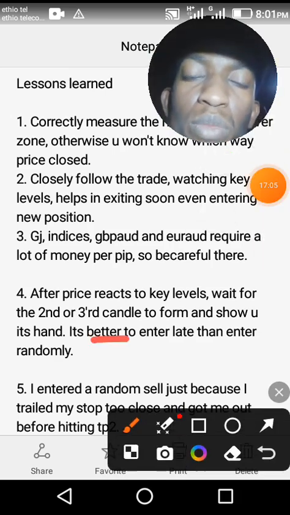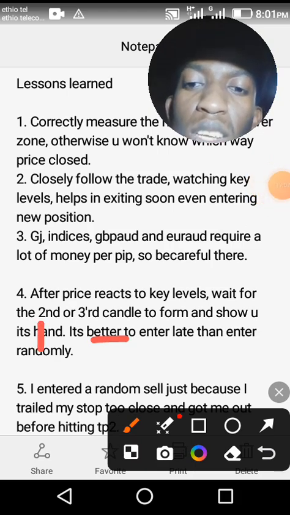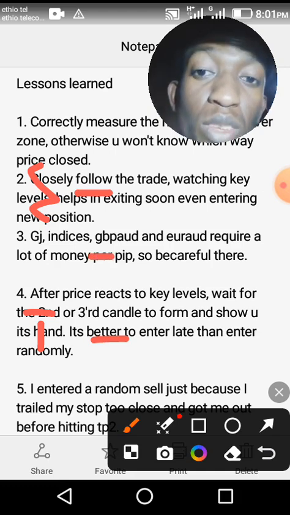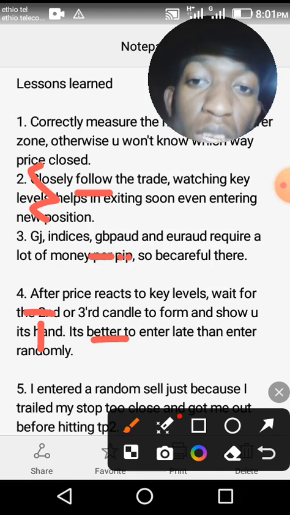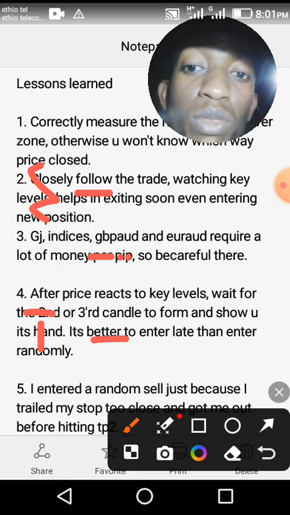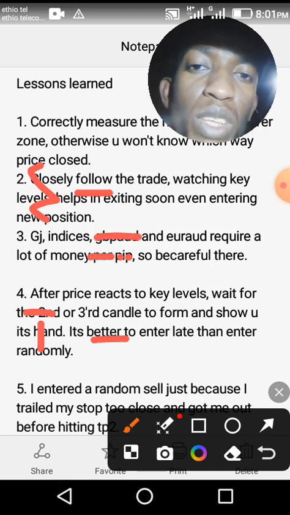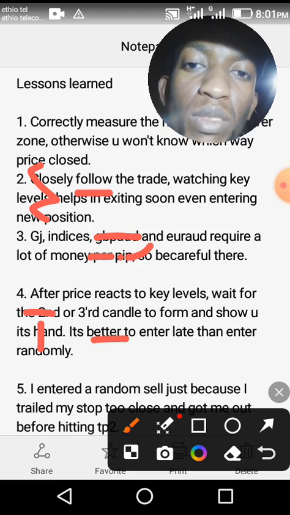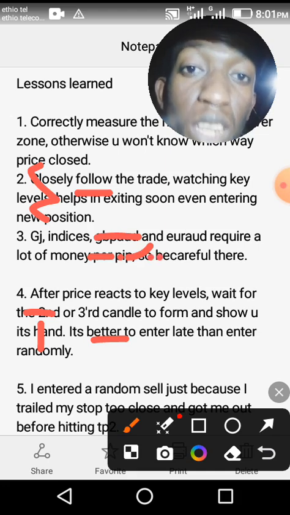This was my TP2, and this was my entry, and then the price just got there. I told you right there you take partial, right? I cannot take partial because it's a micro lot. So what happened? I trailed my stop there. Then price pumped, got me out of the trade, and I entered a sell again.